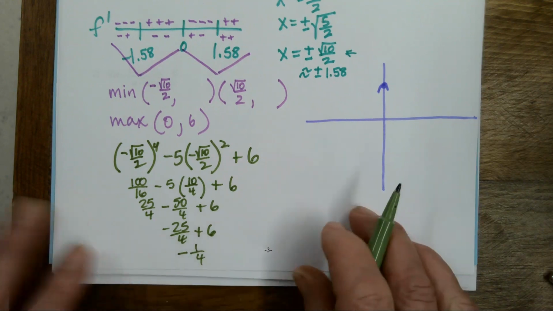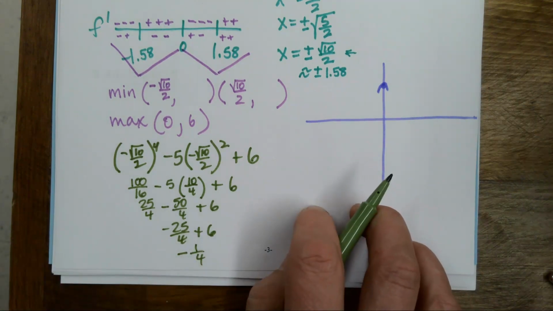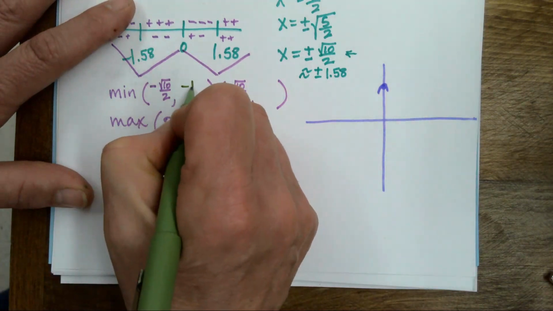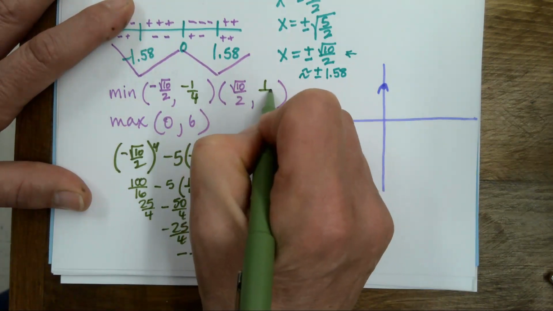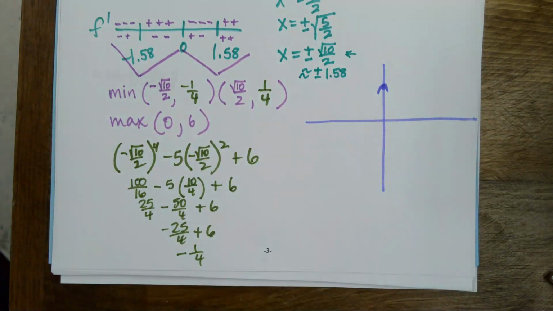Looks like negative 1/4. The other one's the same. How do I know? Because even powers all the way across, so I don't even have to run through that problem again.